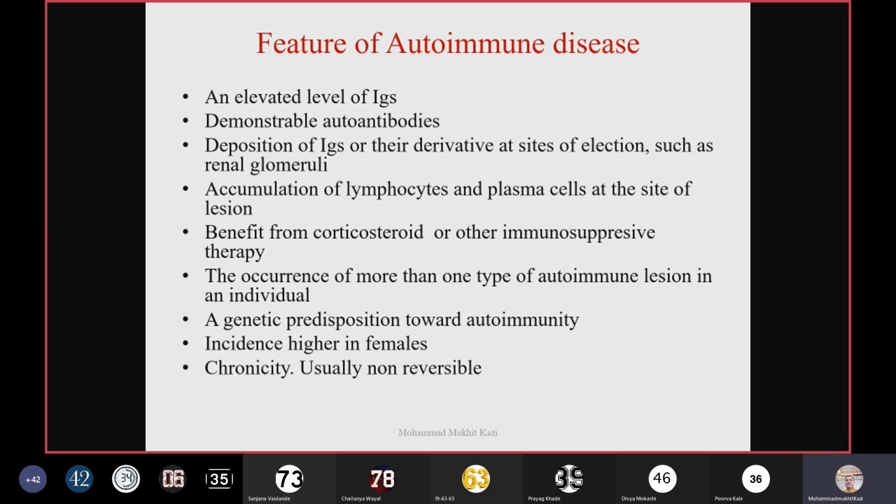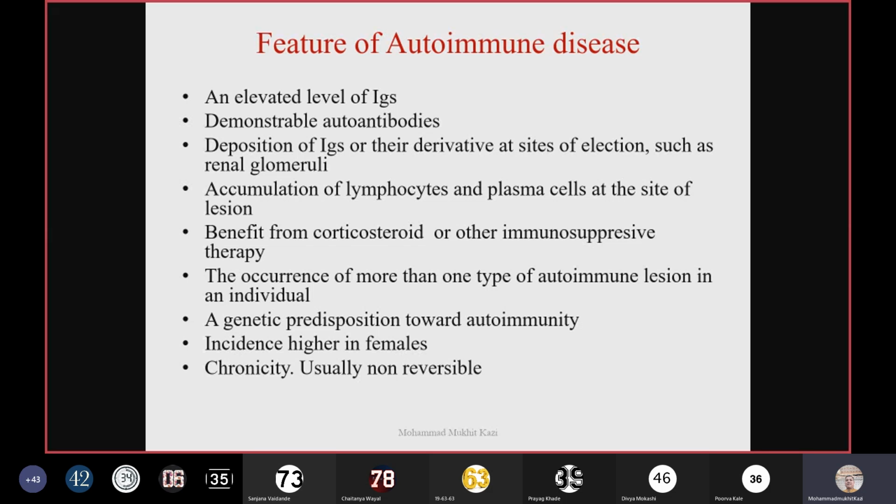Now coming to the features or characteristics of diseases of autoimmune origin. What is seen in the autoimmune diseases in the patient? There are elevated levels of immunoglobulins, because of course autoimmunity is carried out mainly by the immunoglobulins and also by the immune cells.